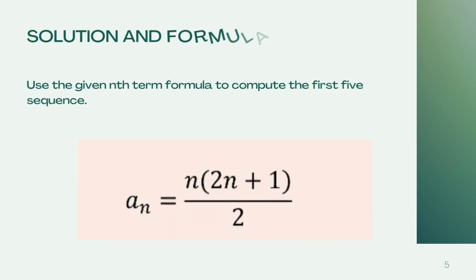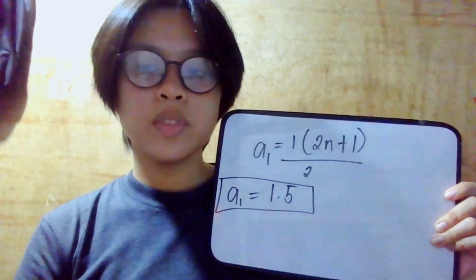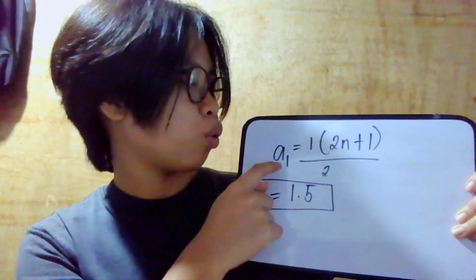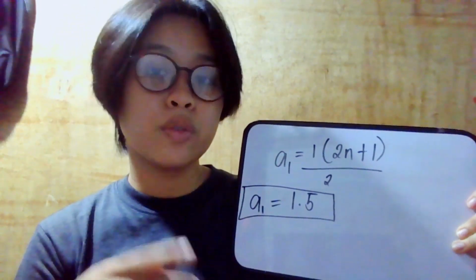So now let us all know what the first 5 terms of the arithmetic sequence are, which will be discussed by Ms. TASOY. So hi, in order to get the first 5 terms of the sequence, we are going to use this formula. So for all the n from earlier, we substitute 1, because we will get the first term.